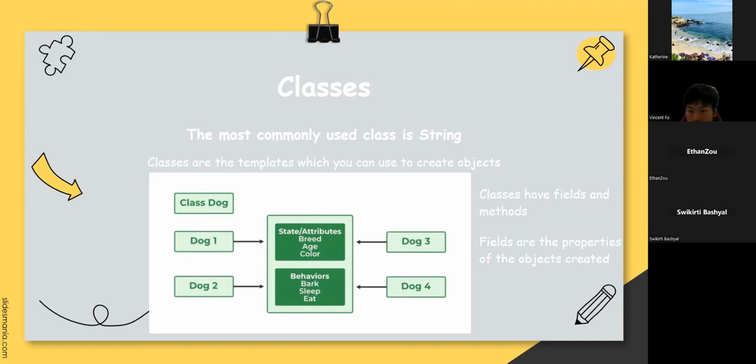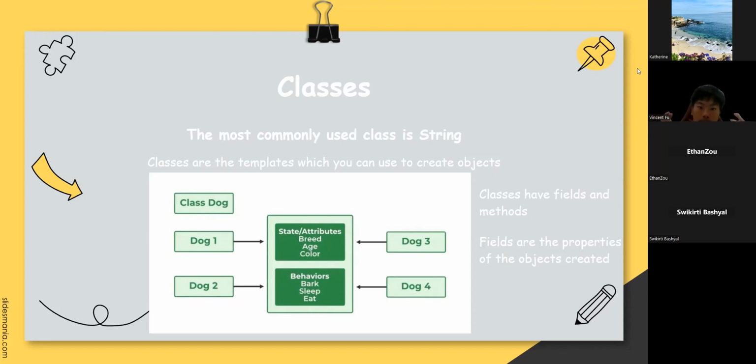So states and attributes are also called fields, and these are just the properties of the objects. If we were to have, let's say, class Car, then some fields or attributes could be the color, the brand, the size of the car, right?